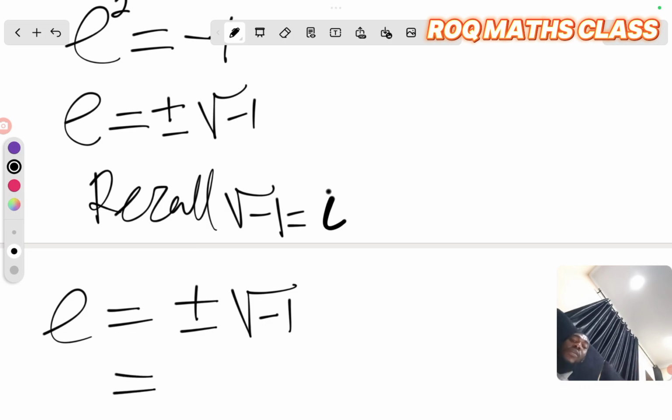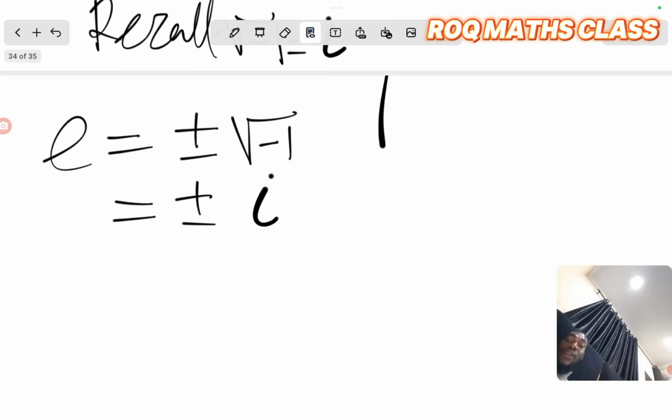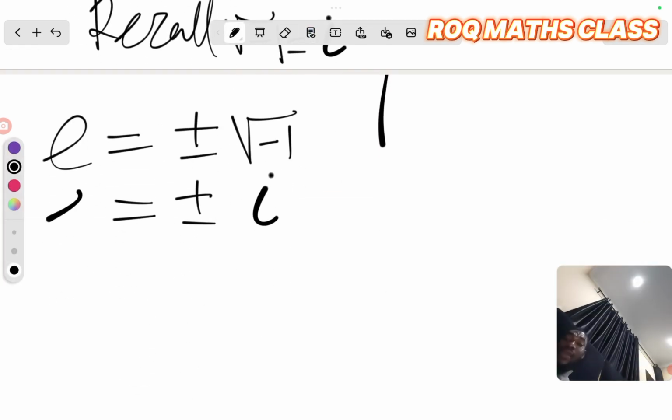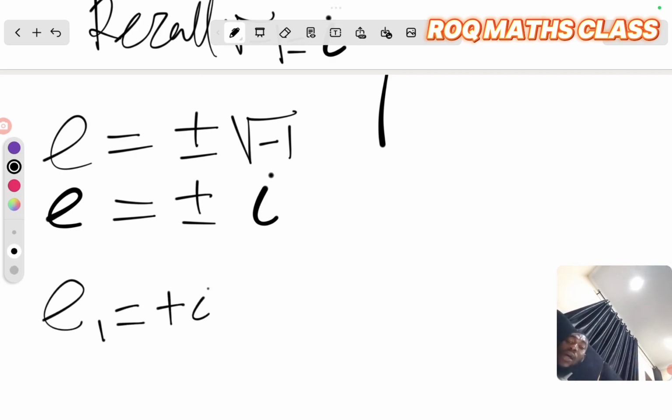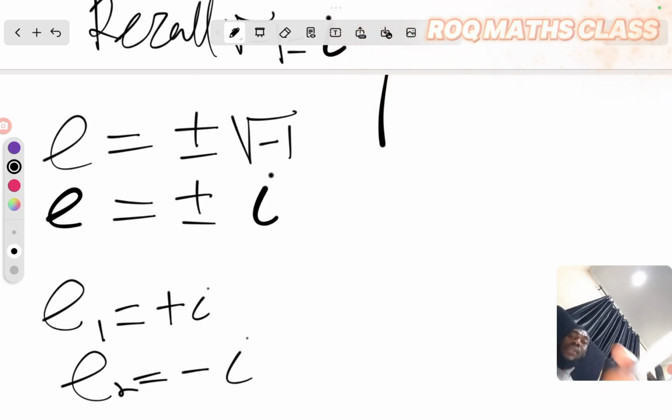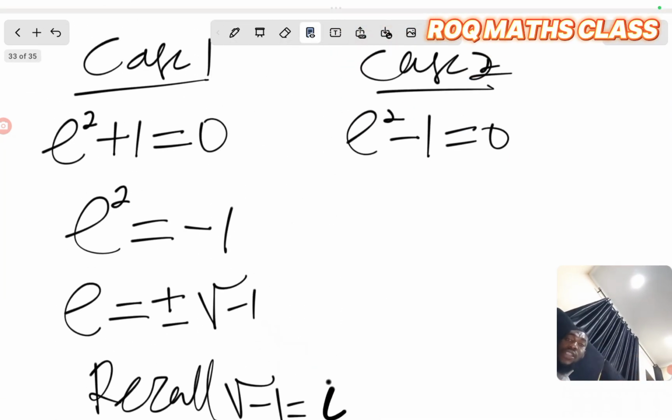So what is the square root of minus 1? This is plus or minus iota. Therefore our e, which I can name as my e1, is going to be plus iota, and my e2 is going to be minus iota. Then let's move to our case 2.